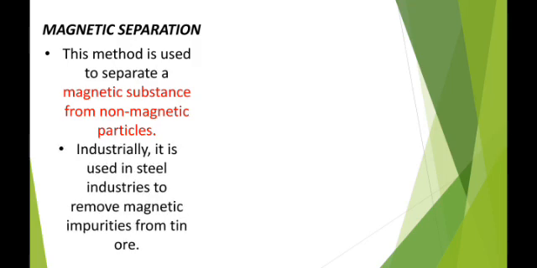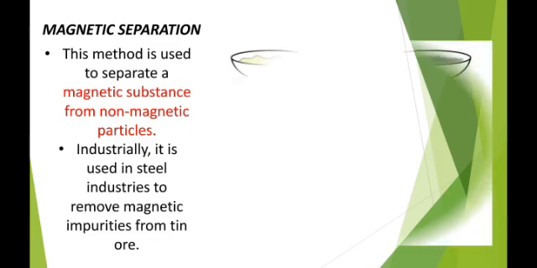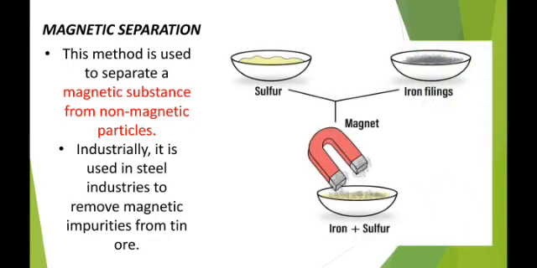Industrially, it is used in steel industries to remove magnetic impurities from tin ores. So you can see a mixture of sulfur and iron filings can be separated by magnetic separation.